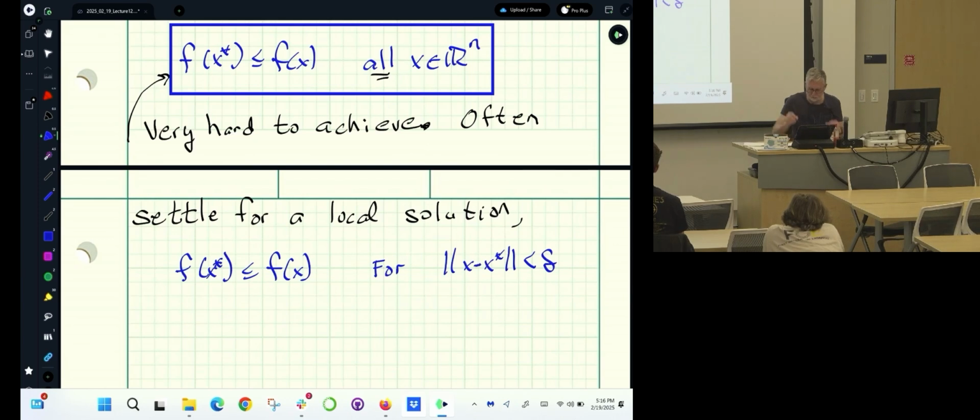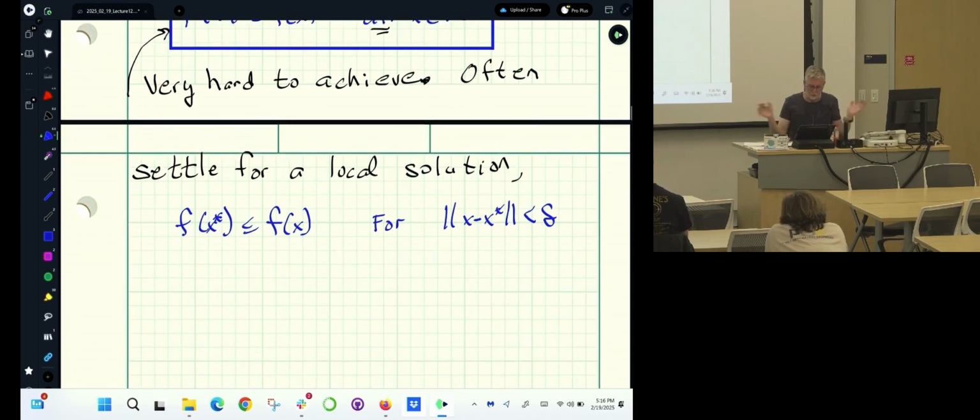Okay, so you put a ball of radius delta around x star, and then for all other points, the function is bigger than or equal to that. So that's a locally optimal solution.